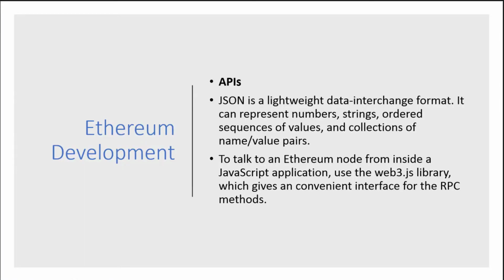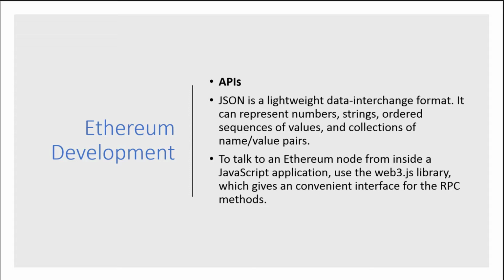When it comes to APIs, JSON is a lightweight data interchange format. Once again, just make sure you understand what JSON is. It's basically a lightweight version of Java, and the goal is to have a lightweight approach for Web 2.0 applications.